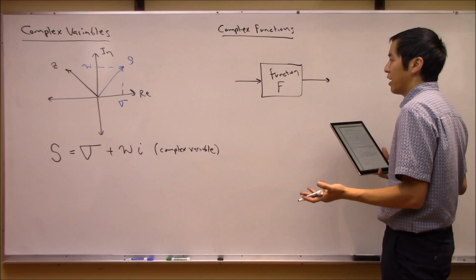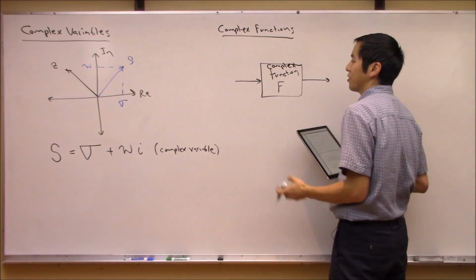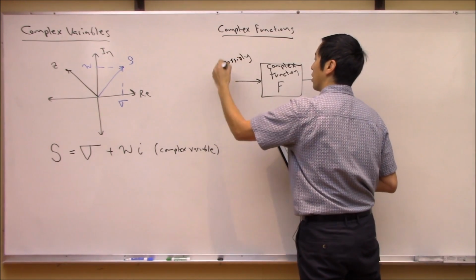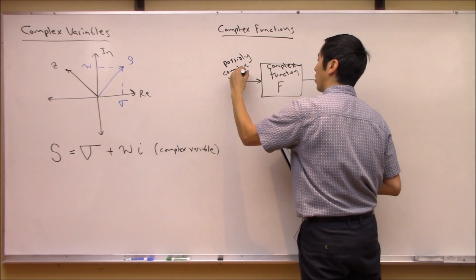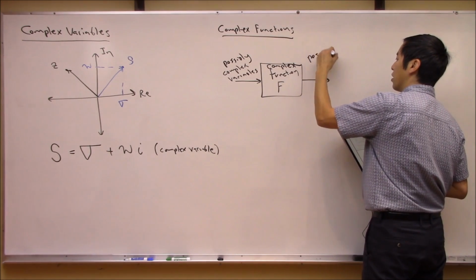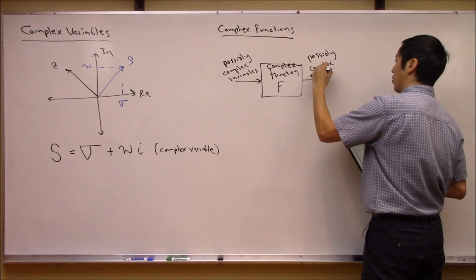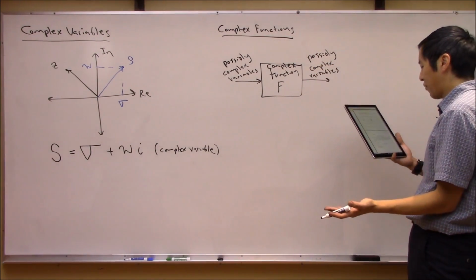That's all it is. So if you want to add the word complex, all you're saying is that the inputs are possibly complex variables, and the outputs are possibly complex variables, or numbers, however you want to think about it. That's all a complex function is.